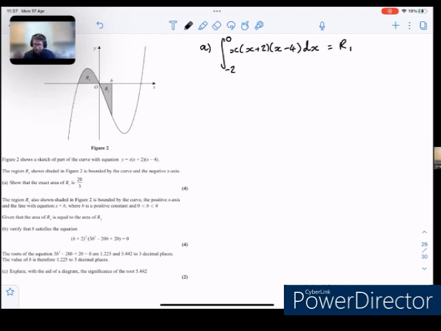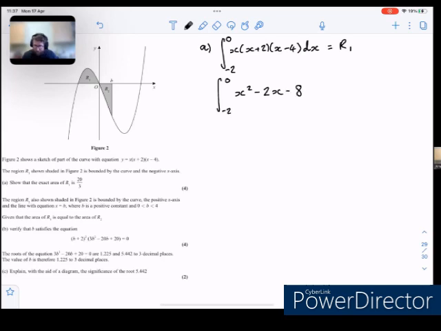Now, in order to do this, we need to multiply out everything there. So let's just do that. So this becomes, if I multiply out the quadratic, these two brackets first, we get x squared minus 4x plus 2x and minus 8.